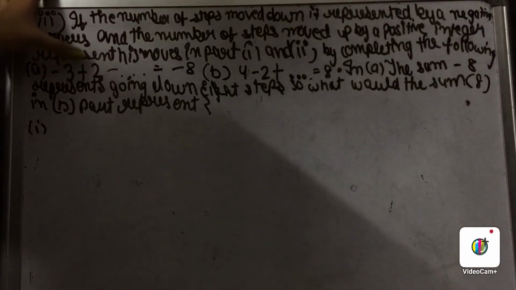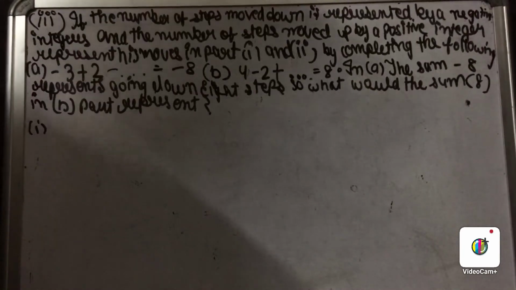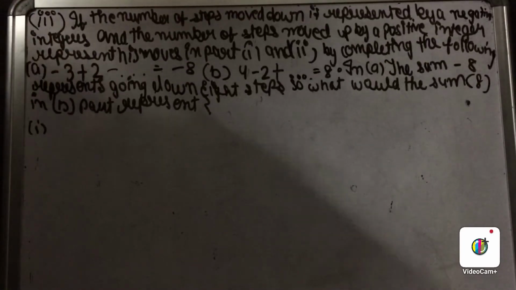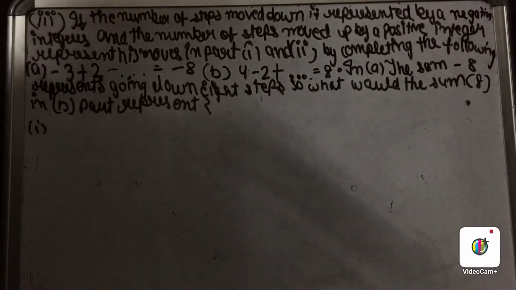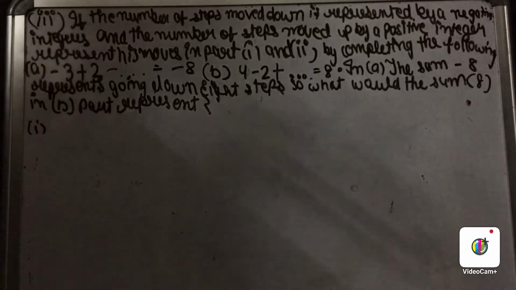So now what is minus 3 plus 2? Plus minus becomes minus, and now what is 3 minus 2? 3 minus 2 is 1. So now how many times you have to repeat 1 to get minus 8? Obviously, I mean the minus 1. So how many times you have to repeat the minus 1 to get minus 8?